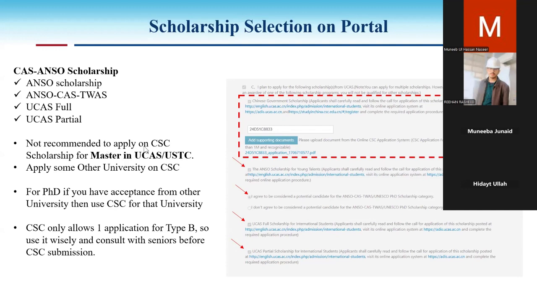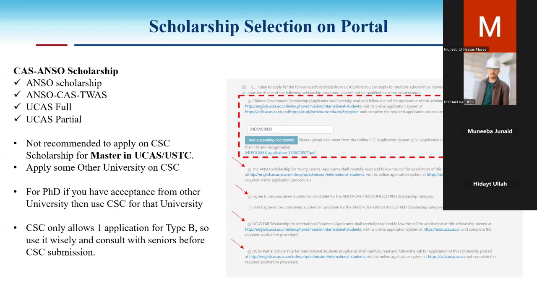But for CSC, I will not recommend applying for the CSC scholarship for master's studies in UCAS or USTC. The reason is that there are limited CSC seats allocated to UCAS and USTC for master's students, because CSC seats are distributed across 270-plus universities in China, and UCAS can get only a limited number.